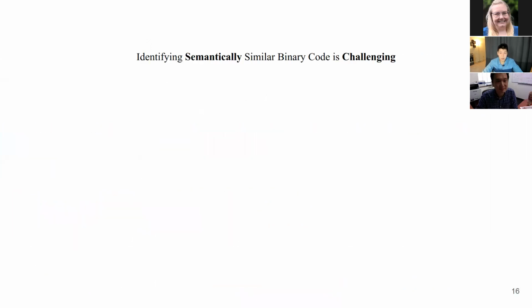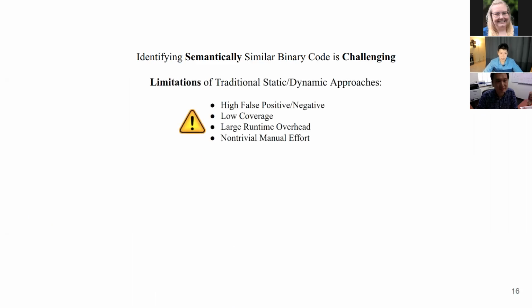Traditional approaches for identifying semantically similar binaries often suffer from the following limitations. For static analysis, they usually extract some signatures by domain experts and match the signatures between different function binaries. This kind of approach often results in high false positives and negatives because the defined signature is often not complete, and it is hard to adapt to new compiler idioms.